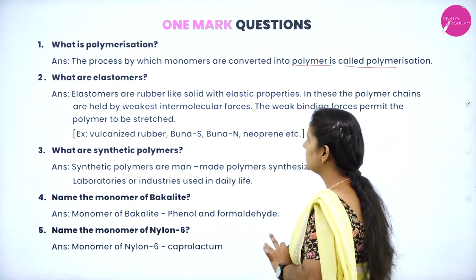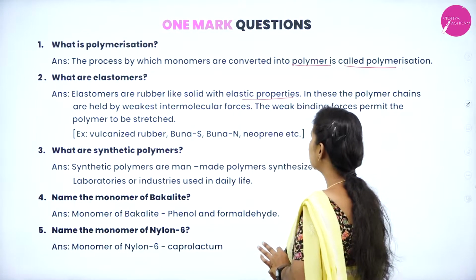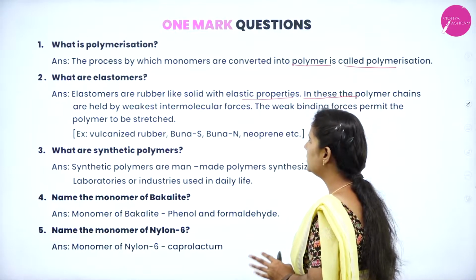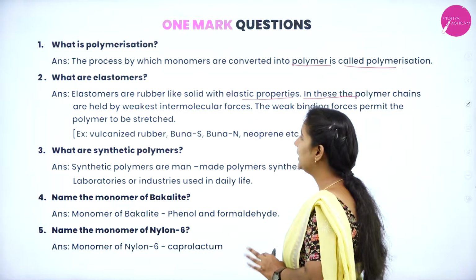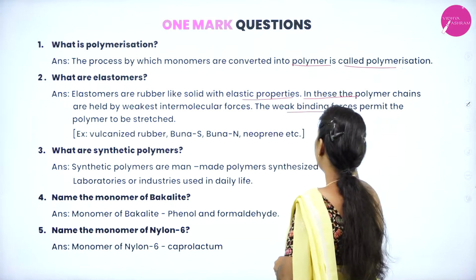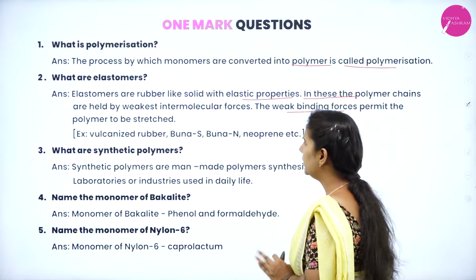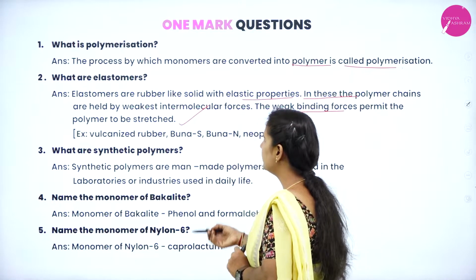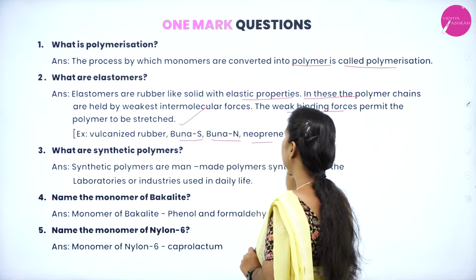Next, what are elastomers? Elastomers are rubber-like solids which have an elastic property. In these polymers, the chains are held together by the weakest intermolecular forces and weak binding forces which permit the polymers to be stretched. Examples: vulcanized rubber, Buna and neoprene.